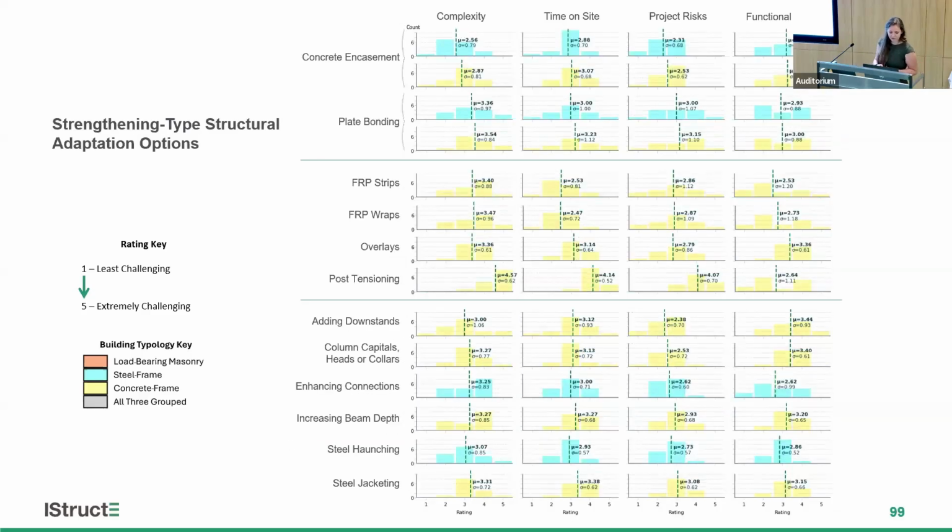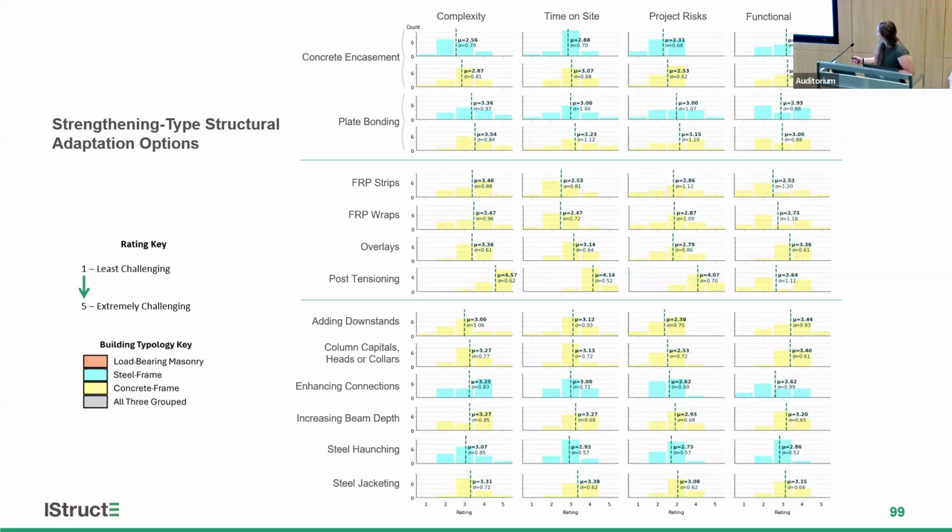Okay, moving on to our strengthening type structural adaptations. Again, you can see up here at the top that although it's not by a lot, our concrete framed structures seem to have a slight increase in complexity, though not a lot of difference in terms of the functional difficulty.